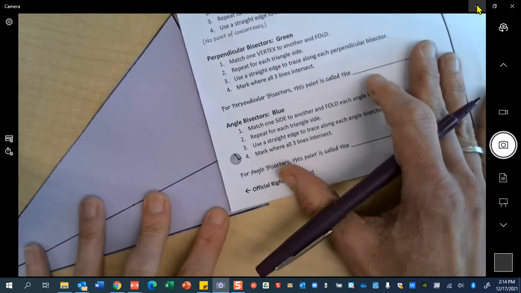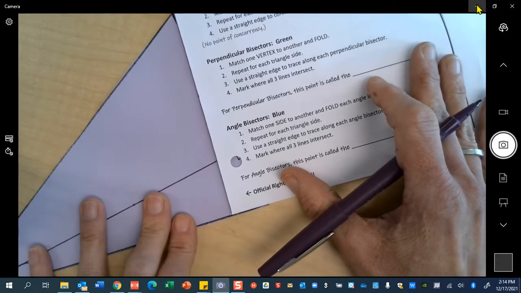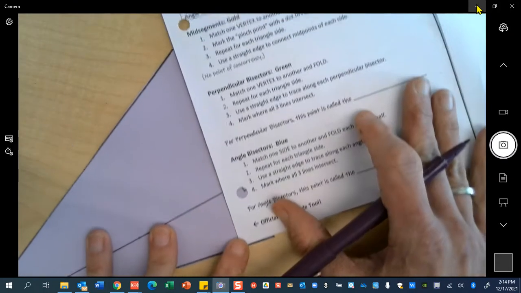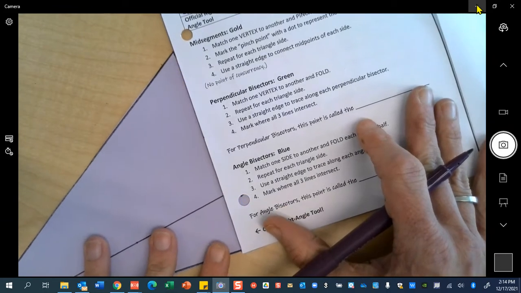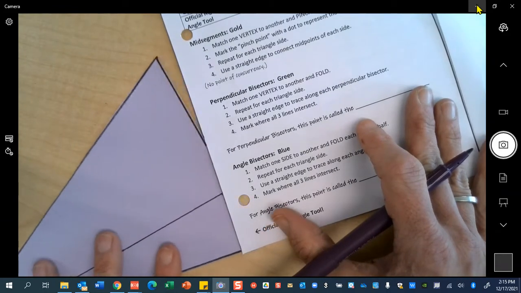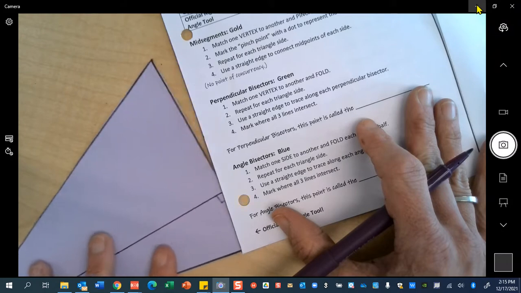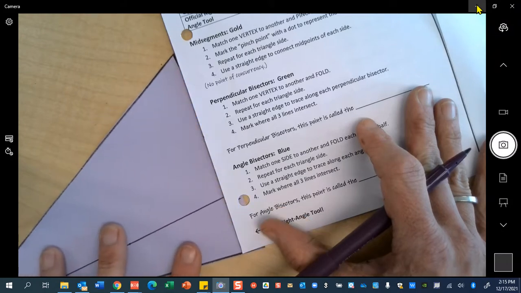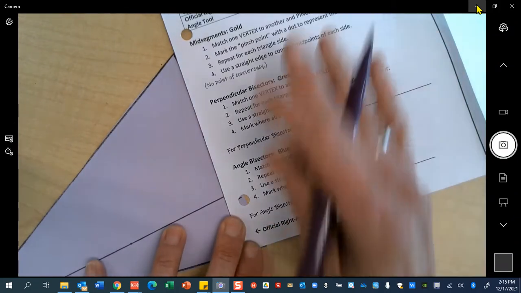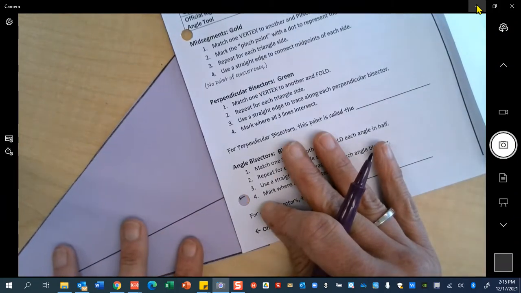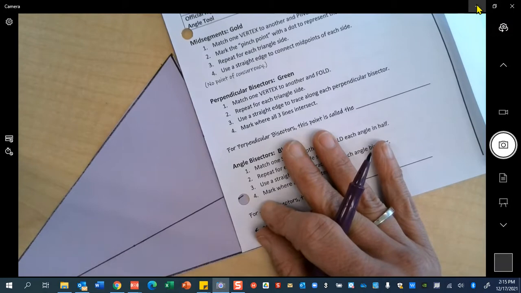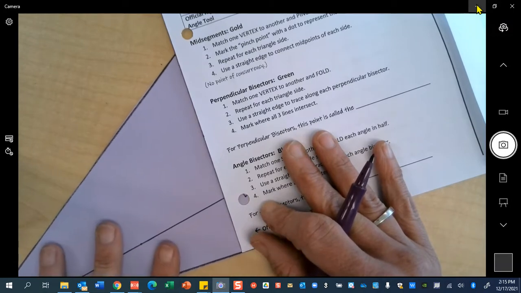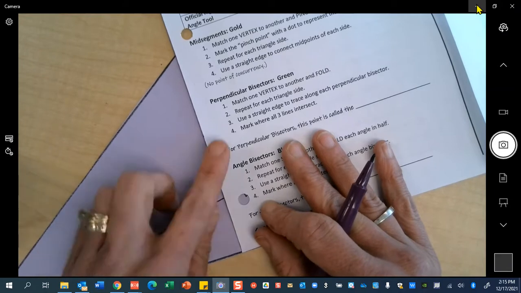You're going to line up your edge of your right angle tool along the side of your triangle. Then you're going to slide, and in this case, maybe it's easier to slide the triangle. I'm going to put the triangle so that this edge goes into the vertex. So I have this edge down here lined up, and then I slide it so it goes through the vertex.